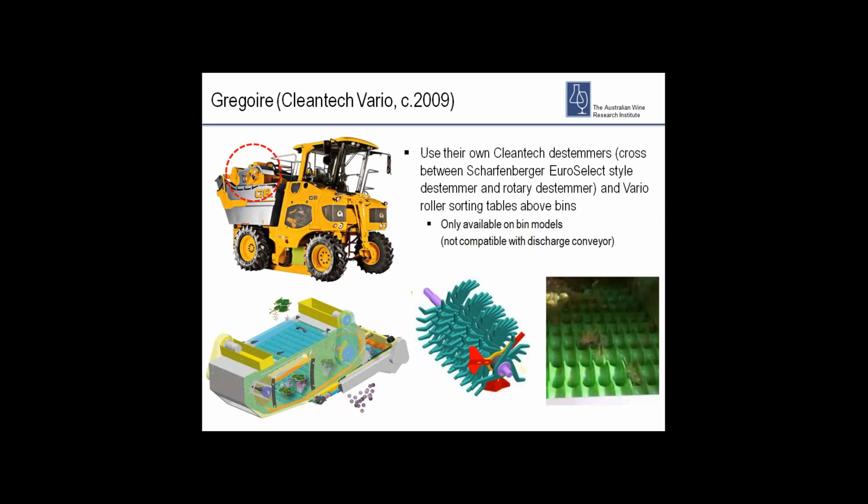The image in the middle here is the finger wheel. The stem material passes through the grid, then passes over a roller sorting table. Again, this destemming and sorting system is mounted over the onboard bins on each side of the harvester.